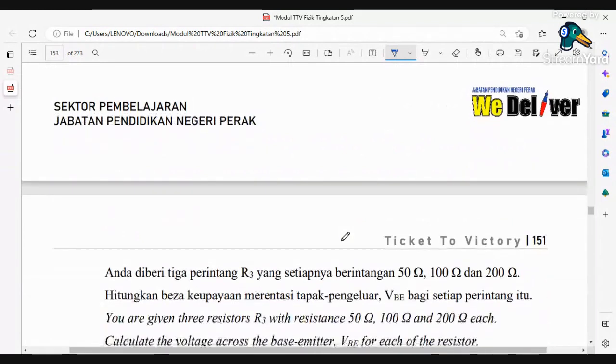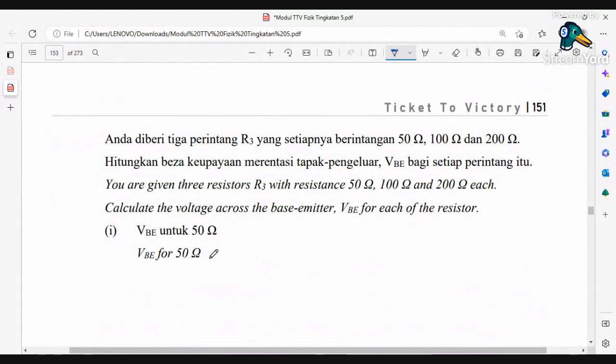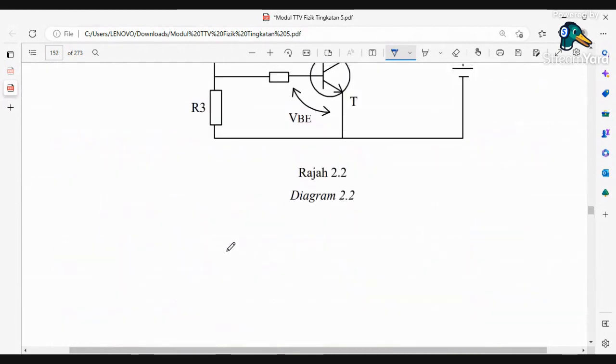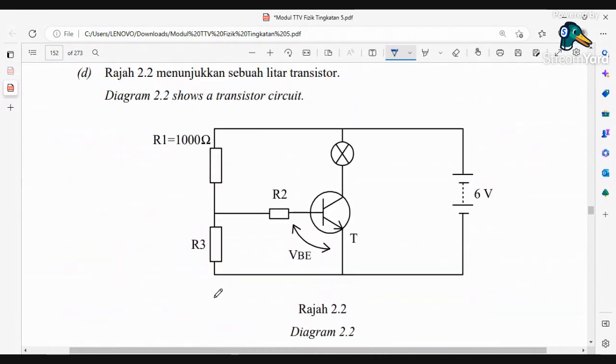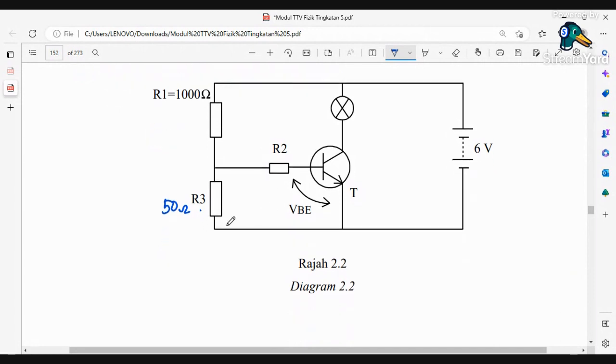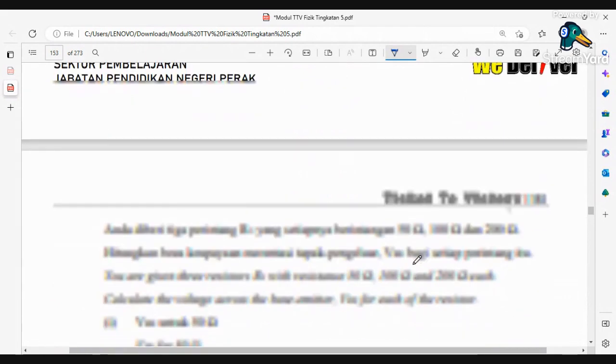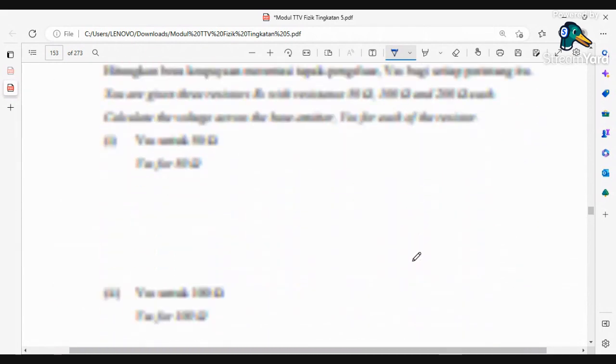Let's say the first R3, which is 50 ohm. So VBE for 50 ohm. The voltage across R3 is smaller. So what is VBE? VBE means the voltage across here.